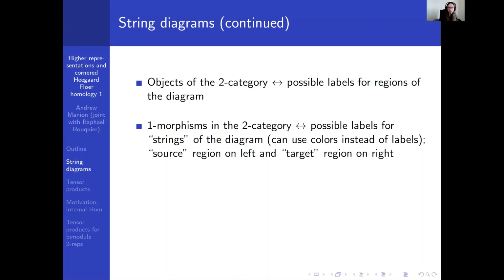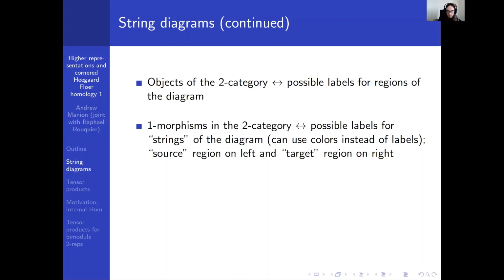And then I'm going to be able to draw some strings, and they should be labeled too. And which possible labels? Well, they should be the one morphisms in the two category. And if I draw a string with a particular label, well, that one morphism has a source and a target.